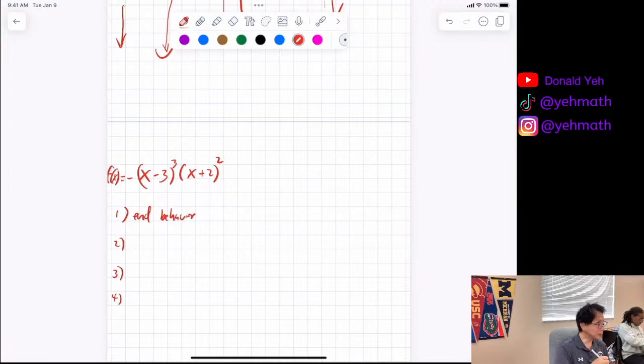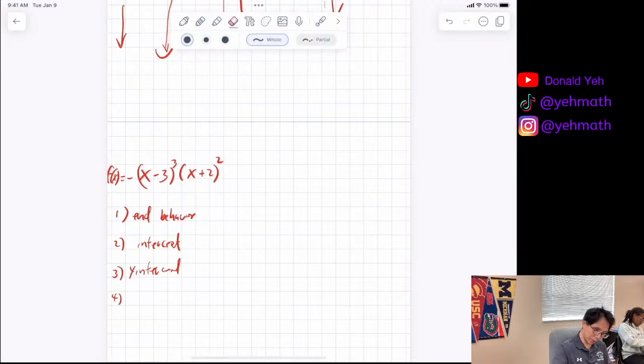Graph it by yourself first, and then after you're done, check with each other. So end behavior, x-intercept, y-intercept, and multiplicity. Sorry, this one should be y. I always do y-intercept and x-intercept and multiplicity.